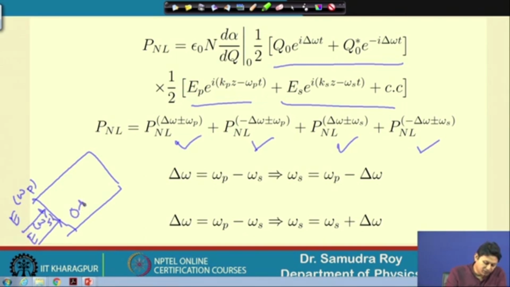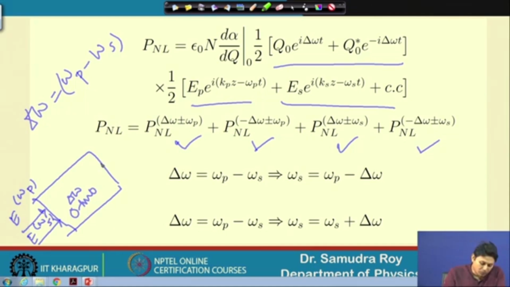Molecules are here, due to the interaction they are now vibrating with a frequency delta omega. So, delta omega is equal to omega p minus omega s.